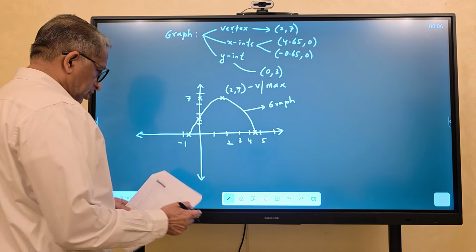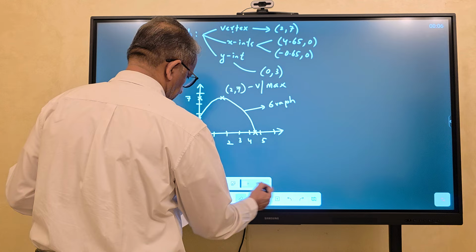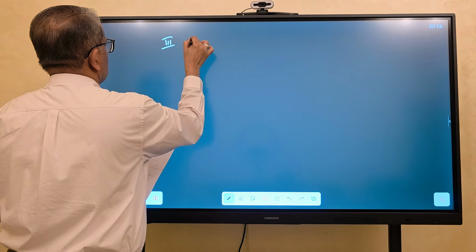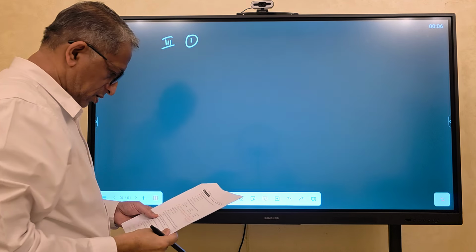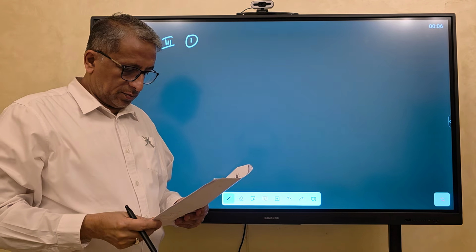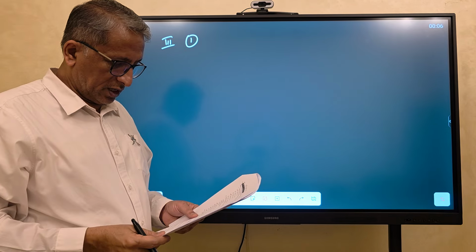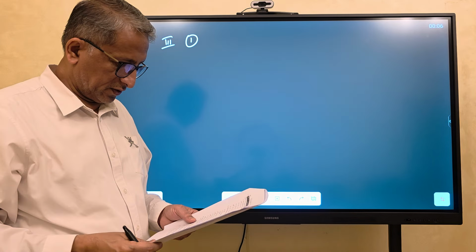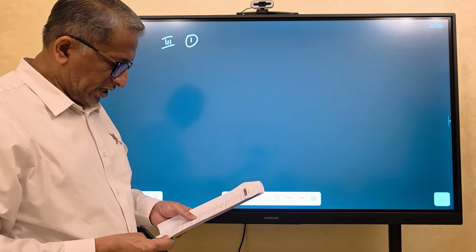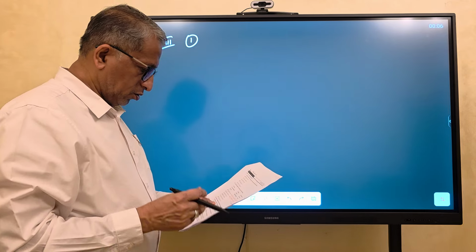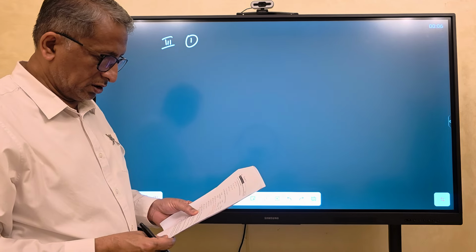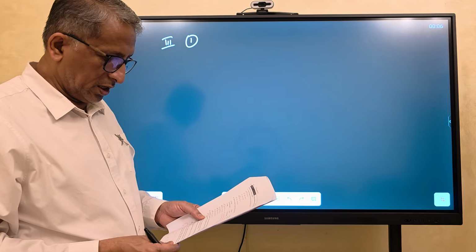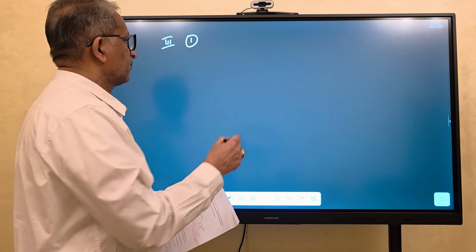Coming to the third part, I will do number 1. This is a real world application, where we are determining the maximum or minimum value of the quadratic function. Find the dimensions of the rectangular corral producing the greatest enclosed area, given 200 feet of fencing.